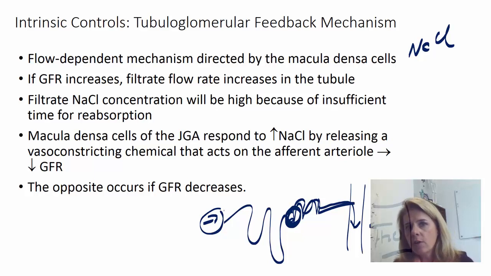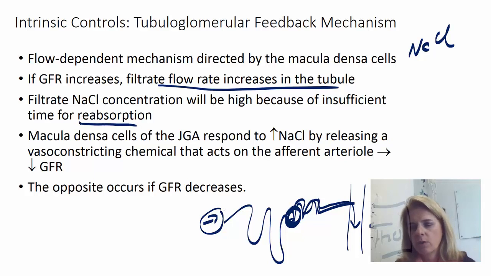If your GFR is increasing, so it's going fast, that means the filtrate is flowing pretty quickly in the tubule, so quickly there's really no time for sodium chloride reabsorption. You don't have enough time to reabsorb the sodium chloride out of the filtrate. That means the sodium chloride concentration is going to be high, because you just didn't give it enough time to be reabsorbed.